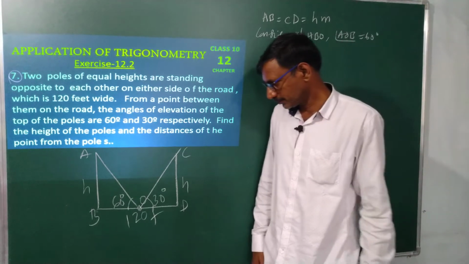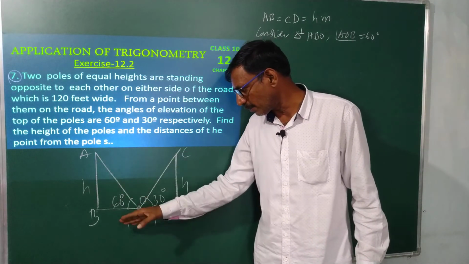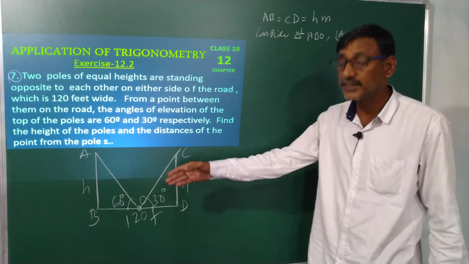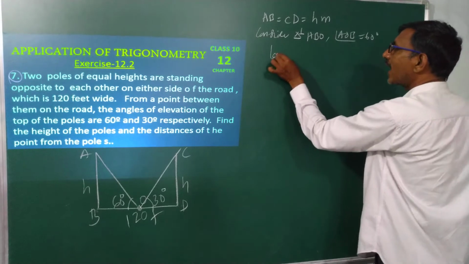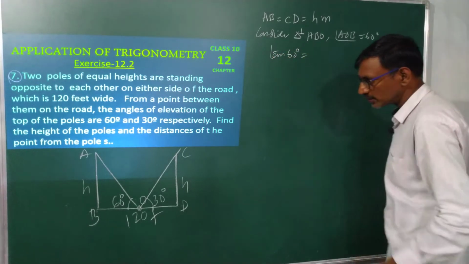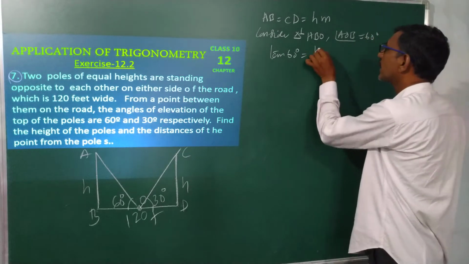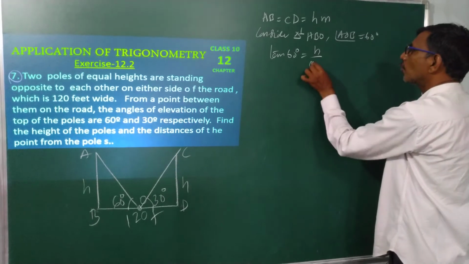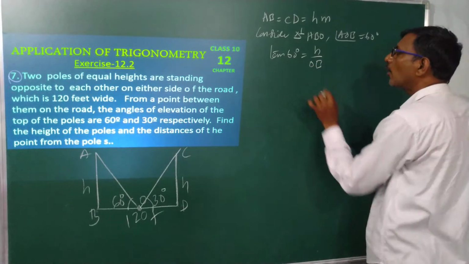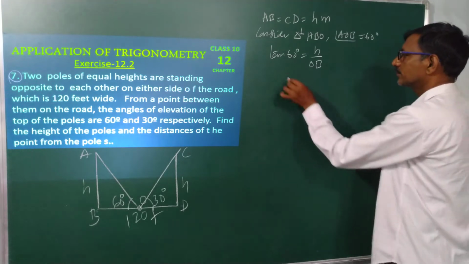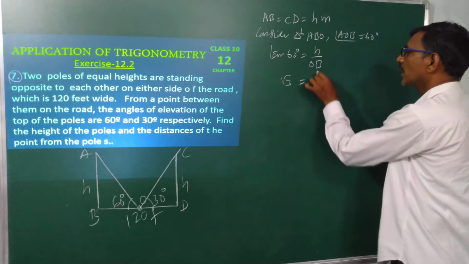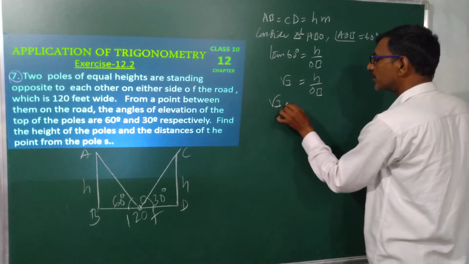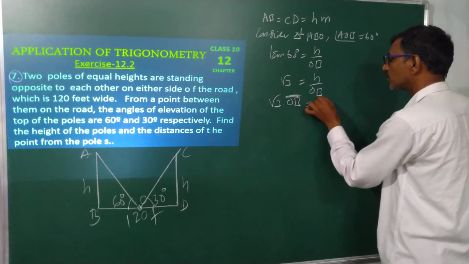Now consider opposite side by adjacent side, that is tan 60 degrees. So tan 60 degrees equals opposite side AB, that is H I have taken, by OB. I know the tan 60 degrees value is root 3. So root 3 equals H by OB. Then root 3 into OB equals H, equation 1.